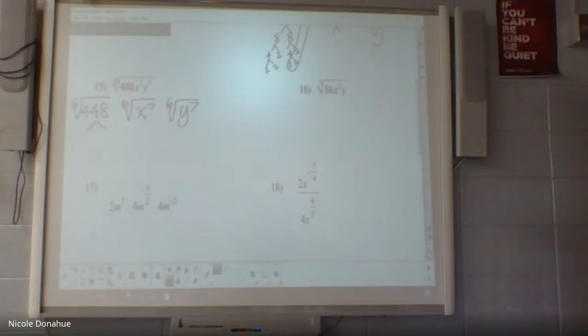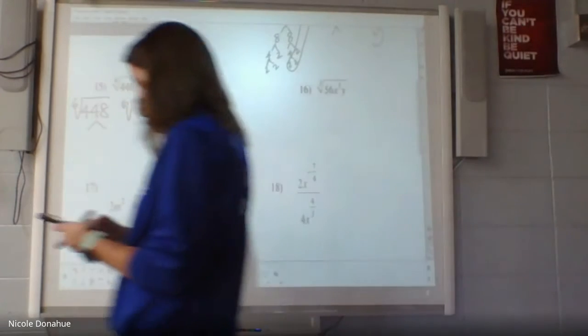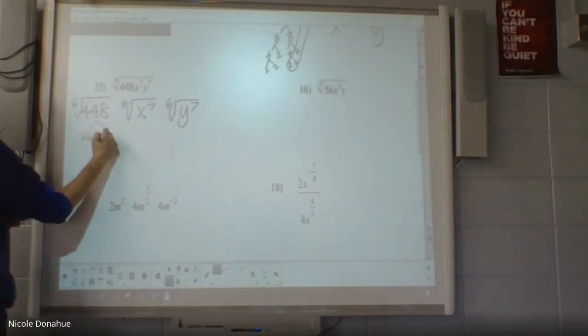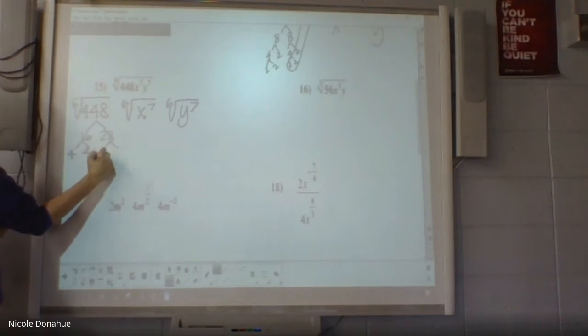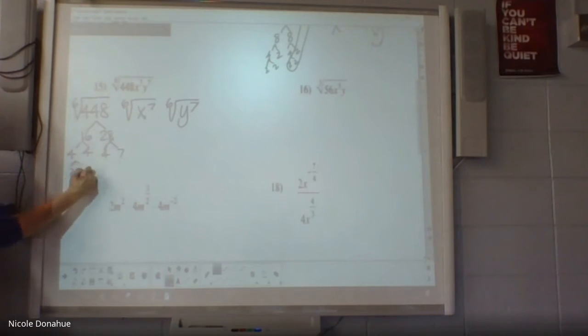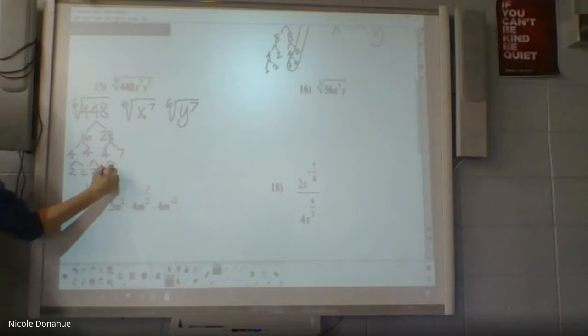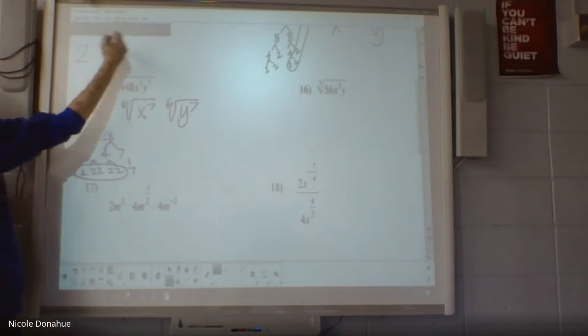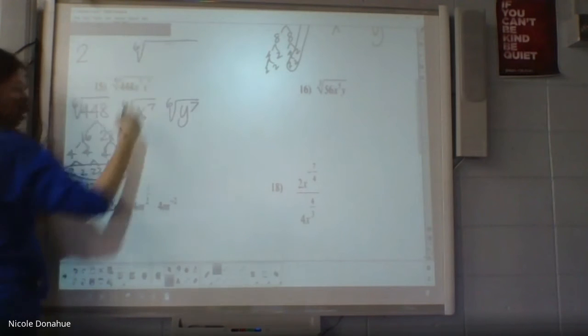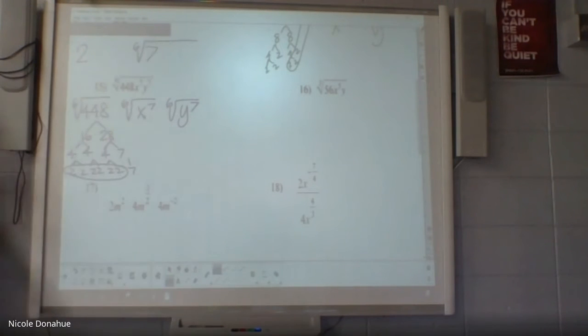Does 144 go into that? Yes. Oh no, shoot. 16 and 28. 16 and 28 will go with what you say. So 4 and 4, and then 4 and 7, 2 and 2, 2 and 2, 2 and 2, and then 7. So I have a group of 6 2's. So that's going to come out. And then there's a 7 left inside.